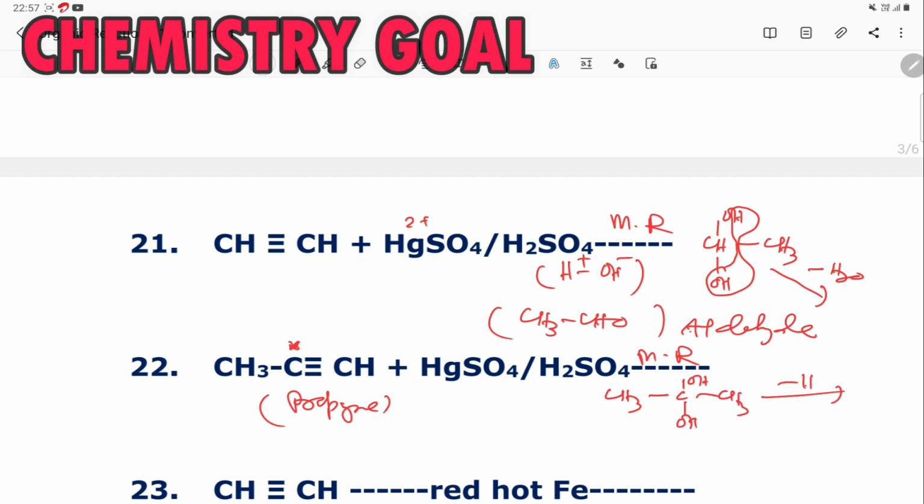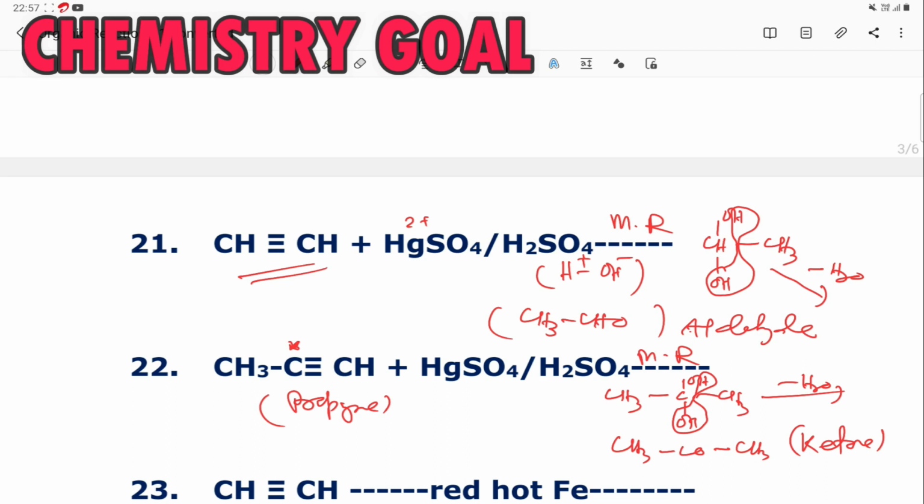When it loses a water molecule, the result is CH3COCH3, that is ketone, acetone. So symmetrical results in aldehyde, but unsymmetrical results in ketone, because the middle position carries OH minus.